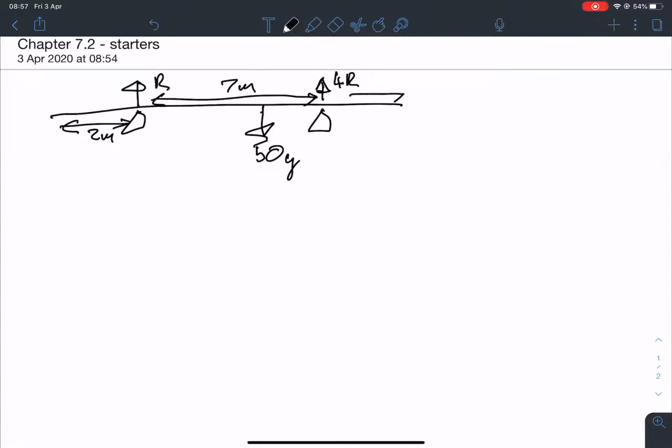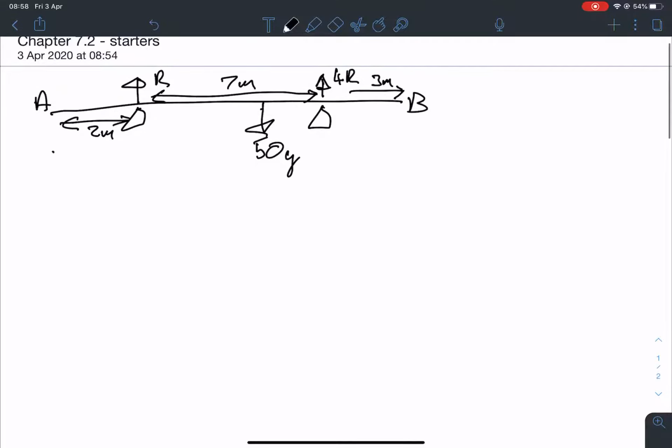The length between the pivots is 7 meters, and we've got another 3 meters at the end.